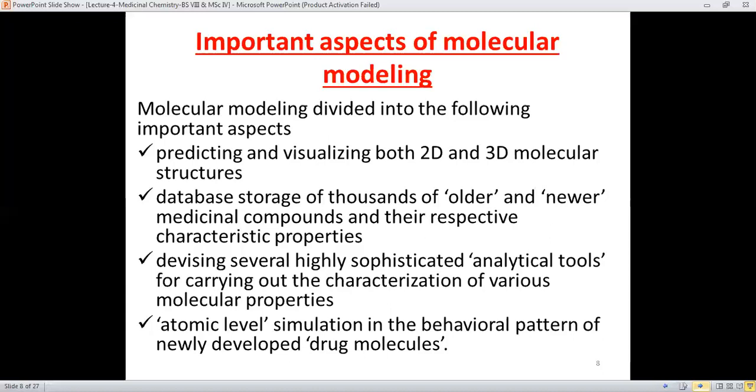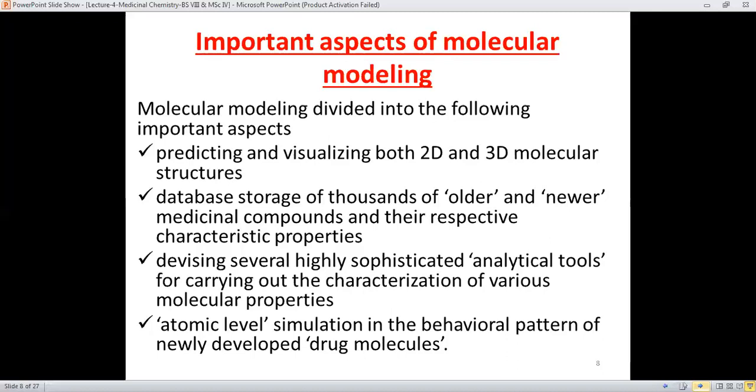And then is devising several highly sophisticated analytical tools for carrying out the characterization of the various molecular properties. Analytical tools means that if you have synthesized the drug molecule, you must go through its IR spectrum, H1, C13, and EIMS, which show how many proton counts and carbon counts are there, and what important functional groups are there.